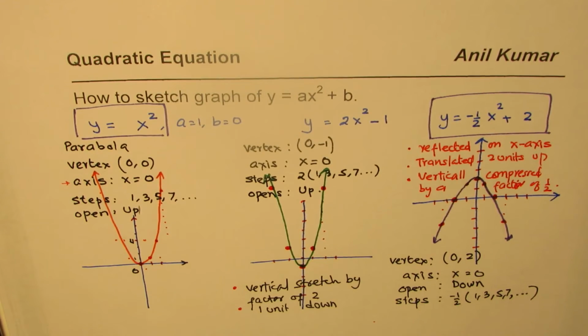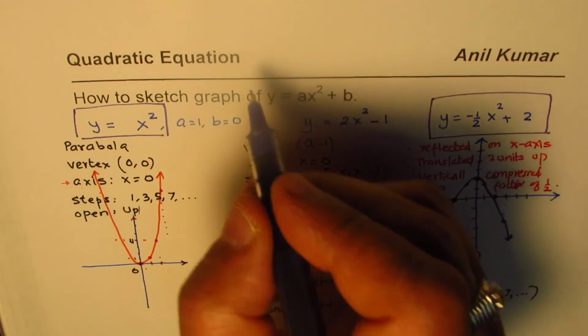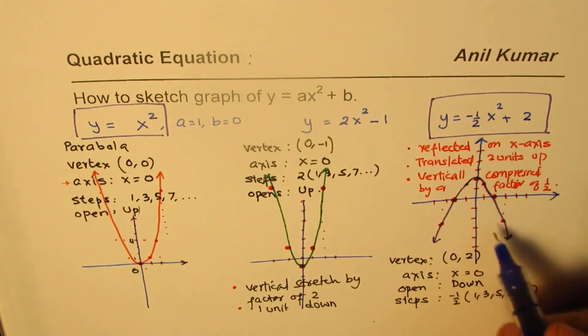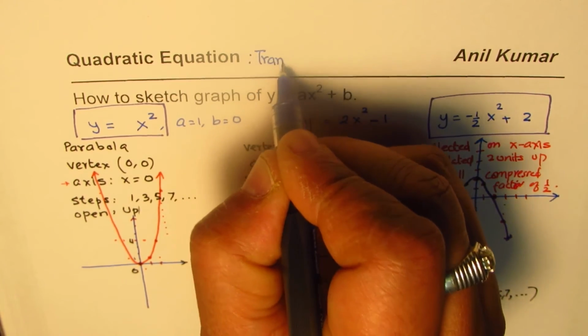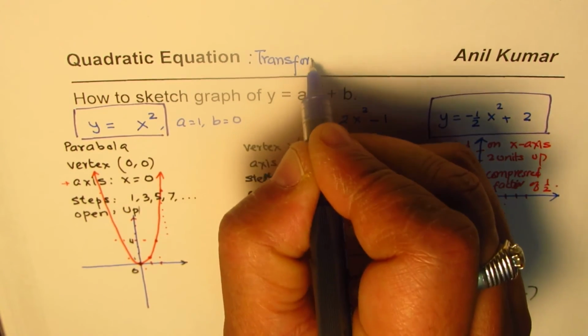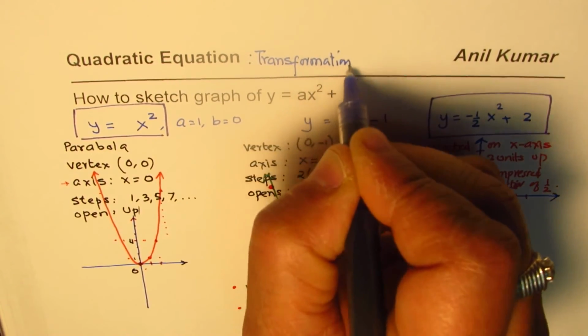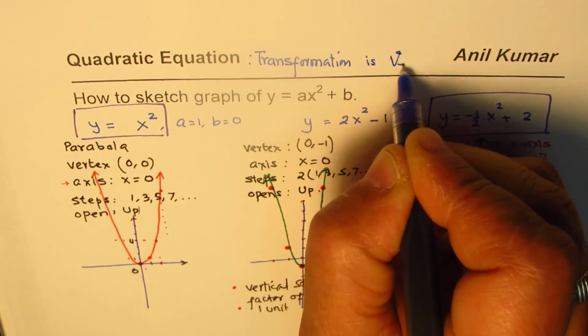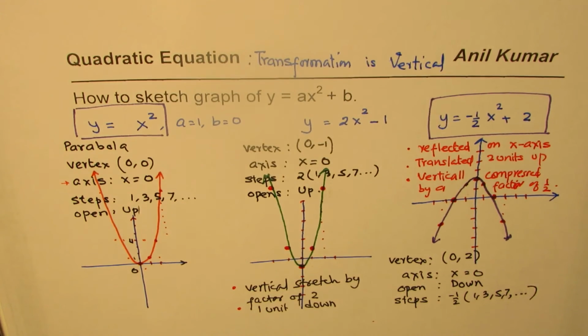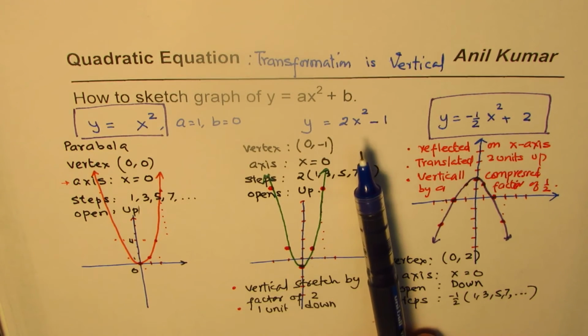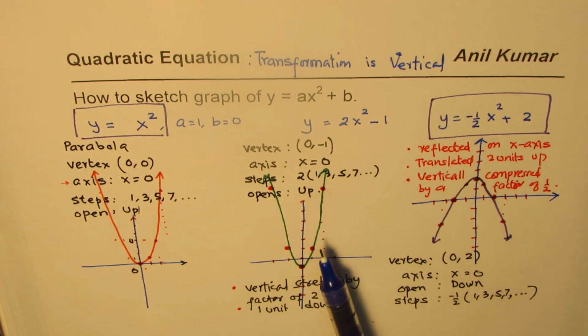I hope with this you understand in general how to graph a quadratic equation, especially when we are changing it vertically, when we say transforming it, or we can say transformation is vertical. So in all these examples which we have considered, what has changed is vertical.